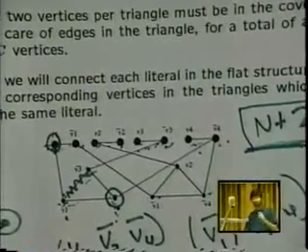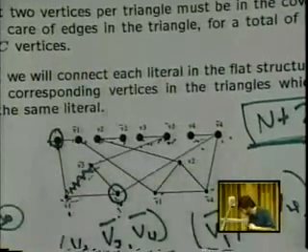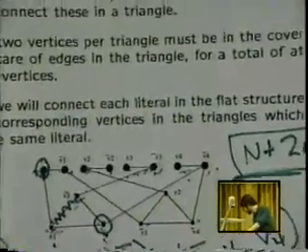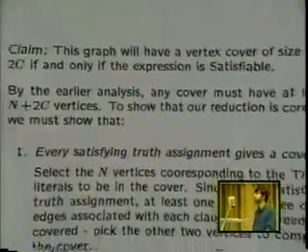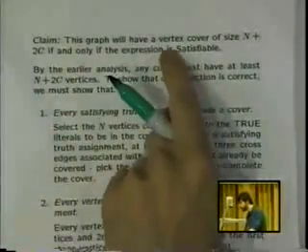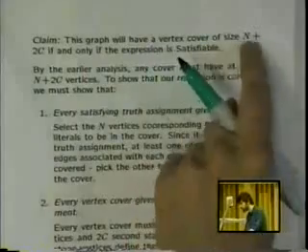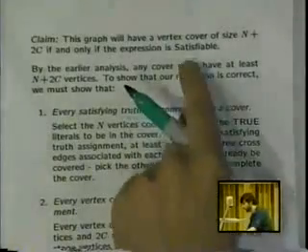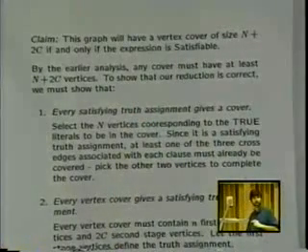What if the original satisfiability problem was in fact satisfiable? My claim is the graph was constructed with this property in mind. This graph will have a vertex cover of size n plus 2c if and only if the original satisfiability problem was in fact satisfiable.